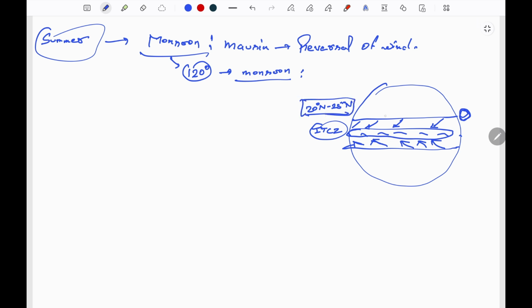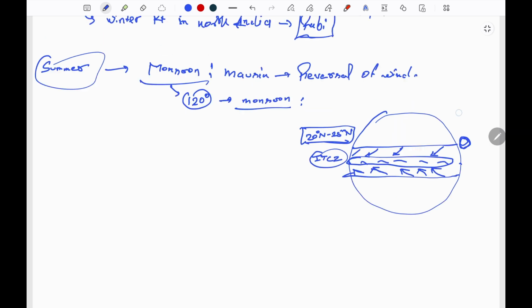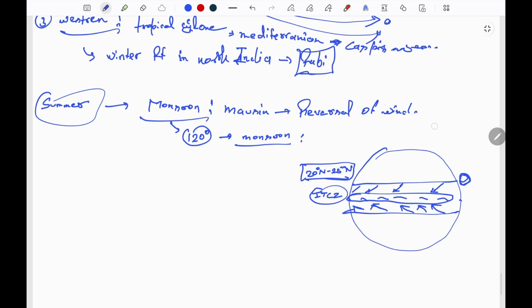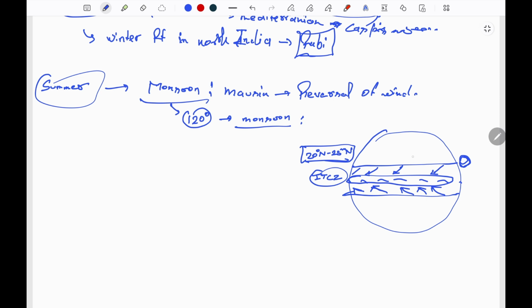And as this ITCZ shifts parallel to the south of the Himalayas, the westerly jet that is present in the winters disappears. Now as this ITCZ is shifted northward, these southwestern trade winds cross the equator and start moving towards the Indian subcontinent, which is monsoon.